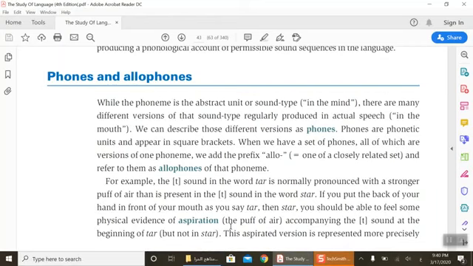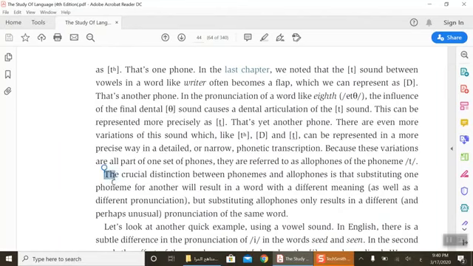We have this important point here, the crucial distinction between phonemes and allophones. What is the difference between phonemes and allophones? Substituting one phoneme for another, I just said that when you change one phoneme into another, when we have different phonemes, it results in a word with a different meaning.